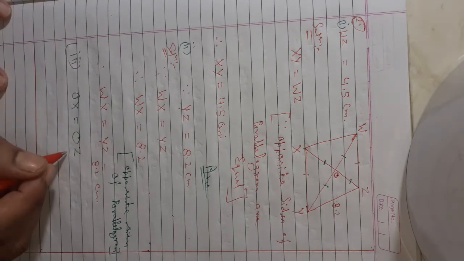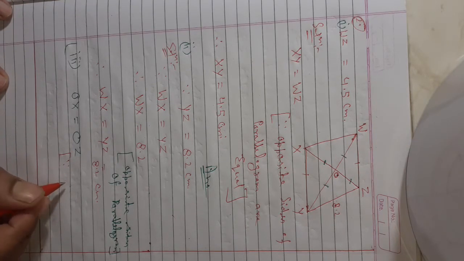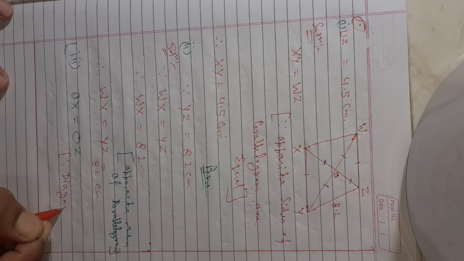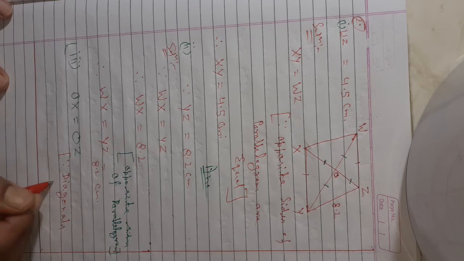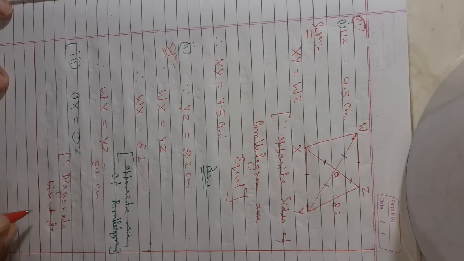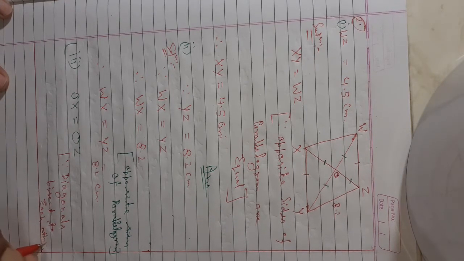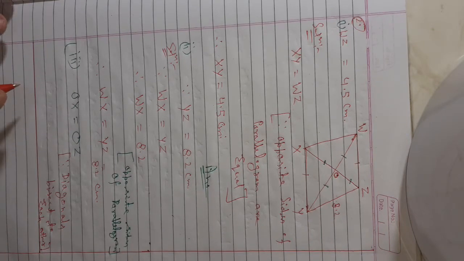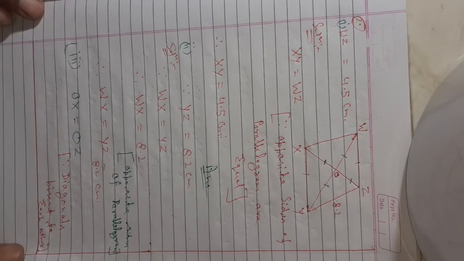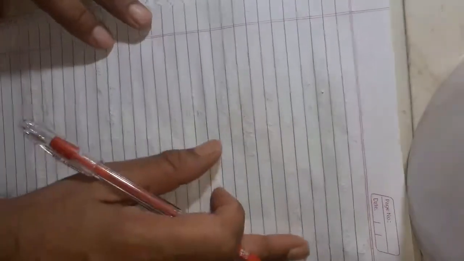Since diagonals bisect each other. Clear?